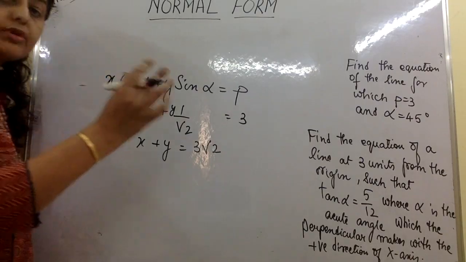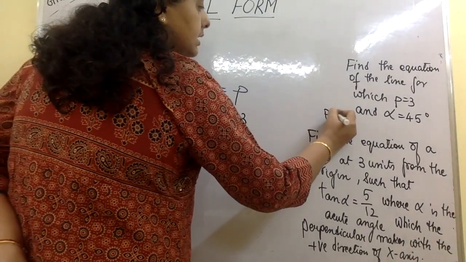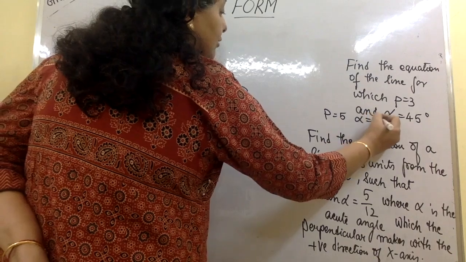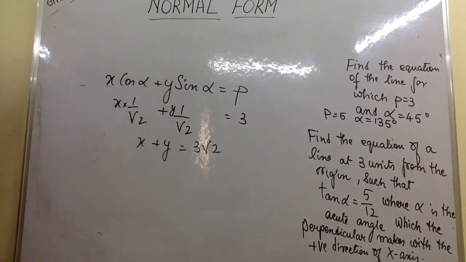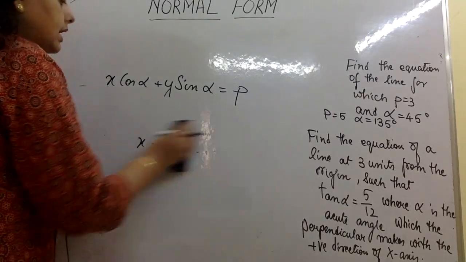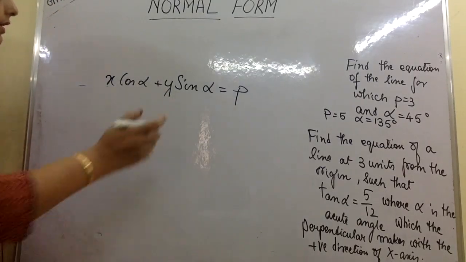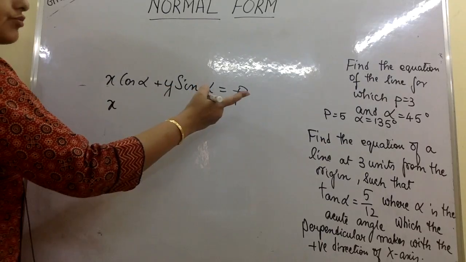So if I give one more set of values, p is equal to 5 and alpha is equal to 135, then what? I'll just change this and let's see what we get. So x cos 135.